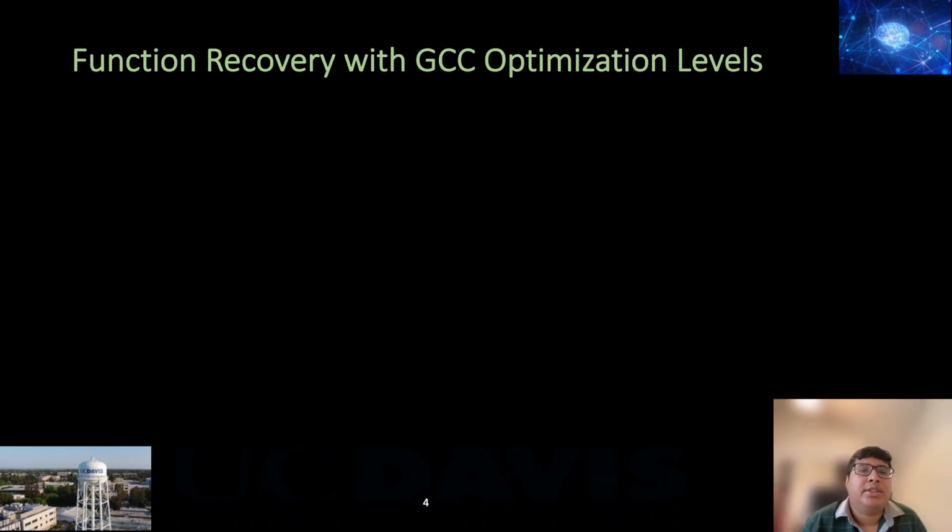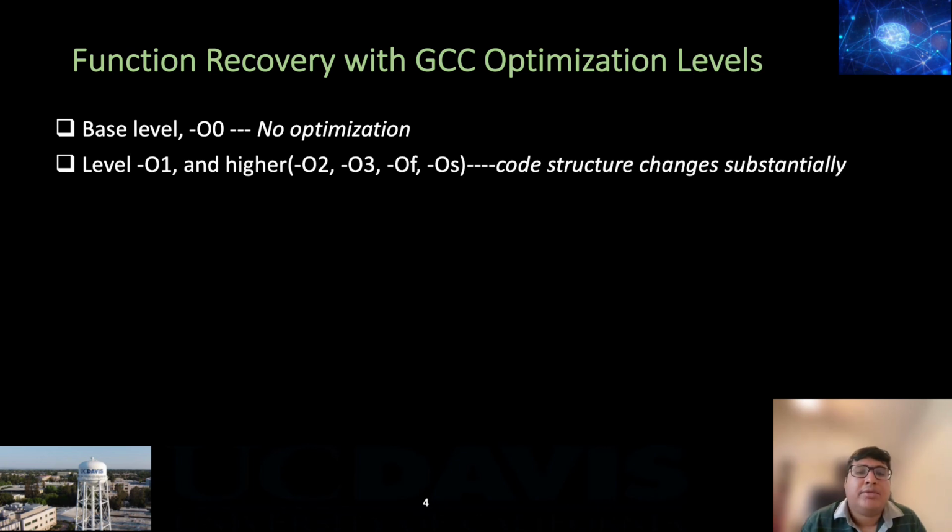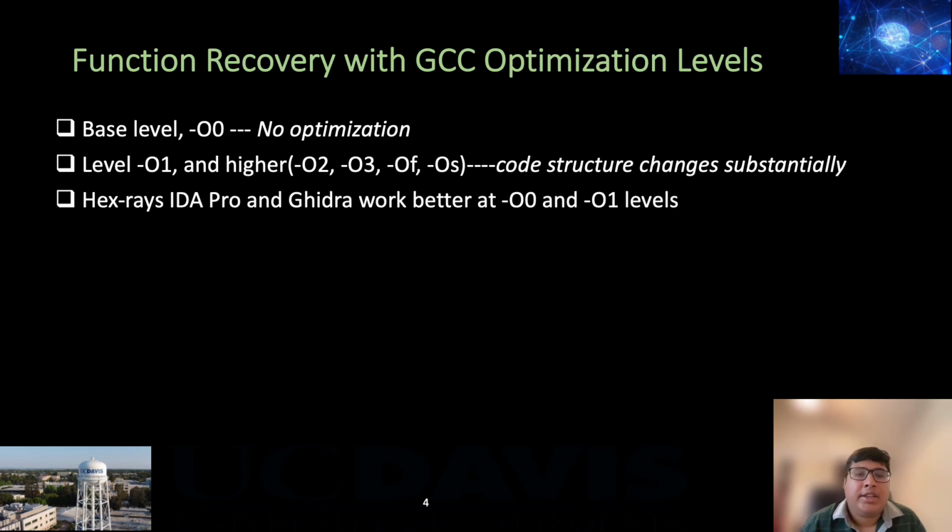In this slide, we will discuss the function recovery with different GCC optimization levels. The base level is O0 where no optimization is done to the code. Starting from O1, at higher optimization levels, the compiler applies different types of optimization, and the code structure changes substantially. There are two decompilation tools which are very popular.